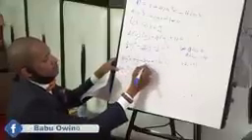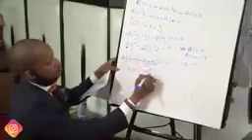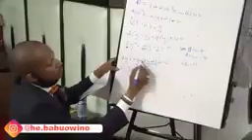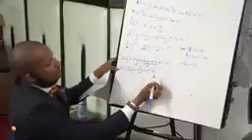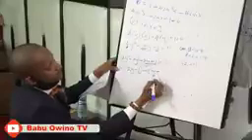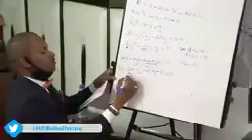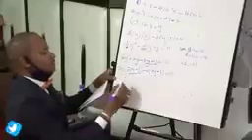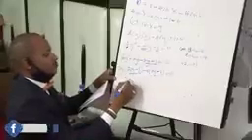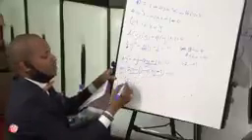Close the bracket. What is common in the last two terms is minus 1. So you put minus 1. Minus 1 goes into minus 2y, 2y times. Then minus 1 goes into plus 1, minus 1. So we have 2y minus 1 being common, and when they are common, you only pick one.